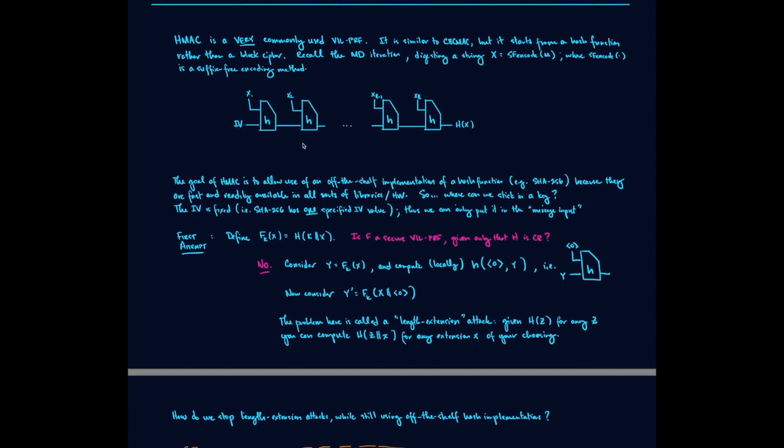We'd like to take some off-the-shelf implementation, just make a library call to say SHA-256, and via that library call, maybe some very lightweight pre and post processing, produce a secretly keyed thing that is a good variable input length PRF. Because if we already have an implementation of this and it's fast, then with some lightweight processing of the input and output, we'd have something that was still fast, but now potentially a good secretly keyed PRF.